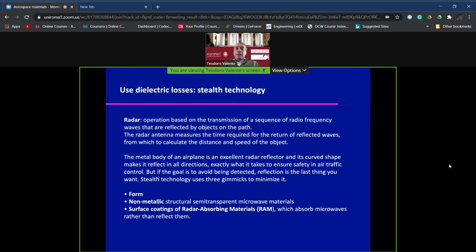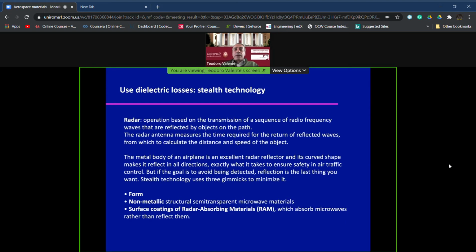Now, can this possibility to dissipate the energy of an impinging electromagnetic wave be used, for example, for stealth technology, which is the subject of radar absorbing materials? Well, the radar is an equipment which is based on the transmission of a sequence of radio frequency waves in the range, as we said, of the microwave.